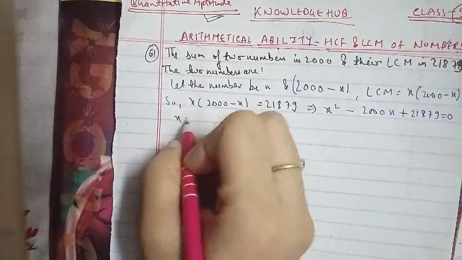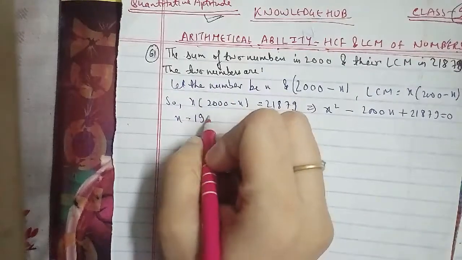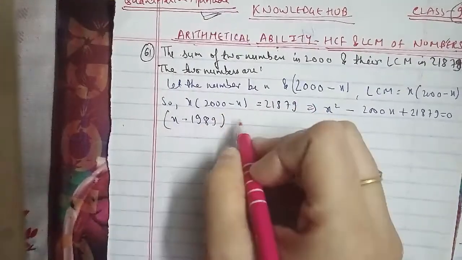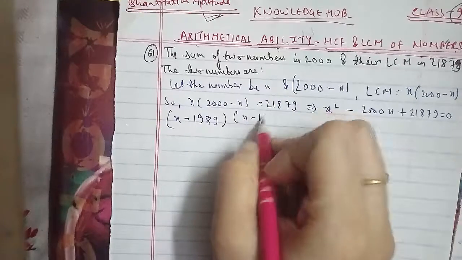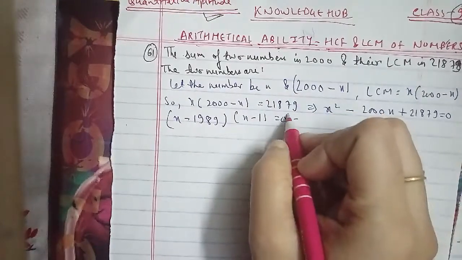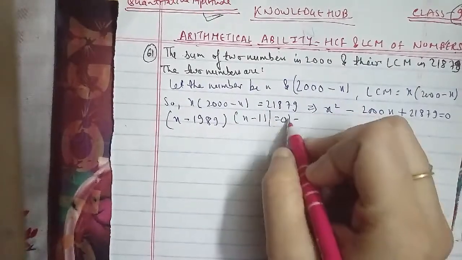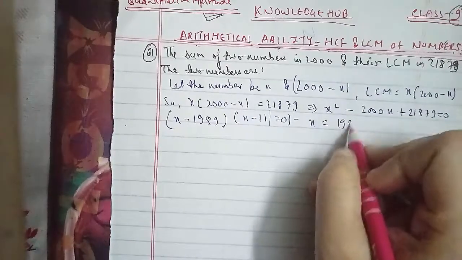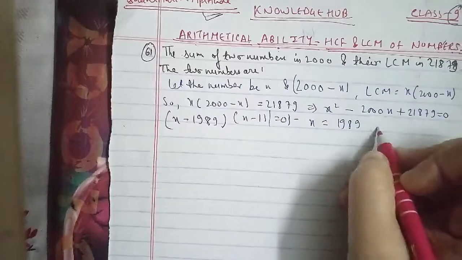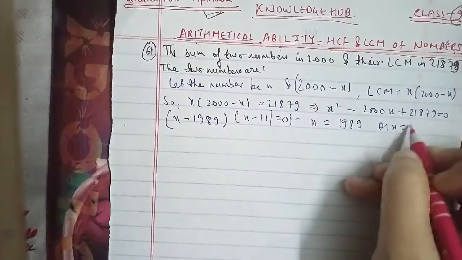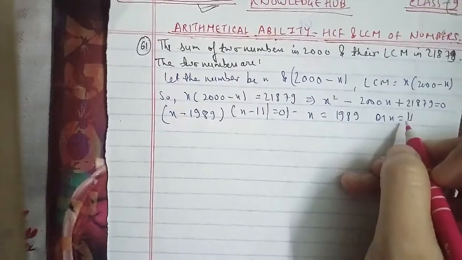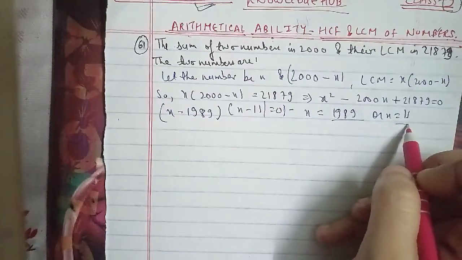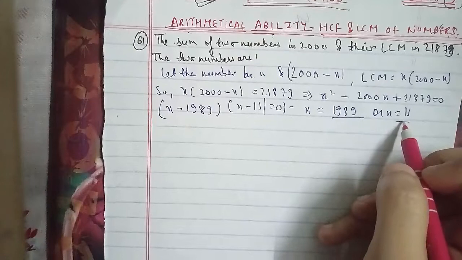And so (x minus 1989)(x minus 11) equals 0. And here x equals 1989 or x equals 11. So hence the numbers we have are 1989 and 11 here. So that will be the right answer for this question.